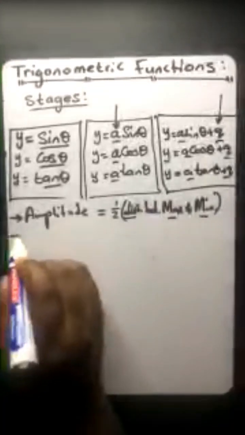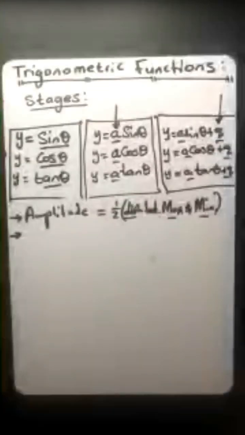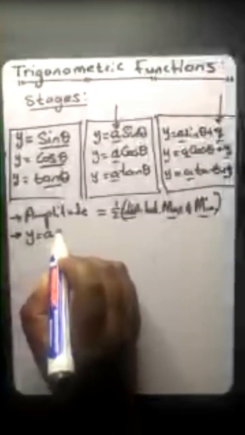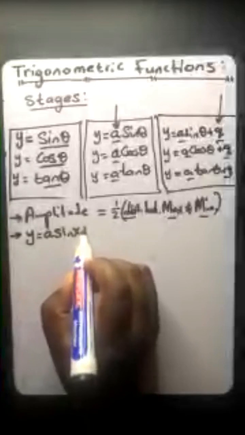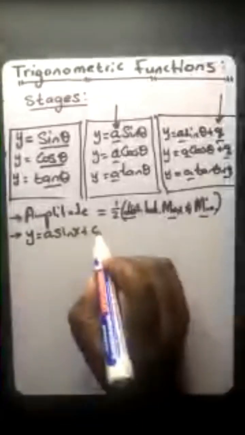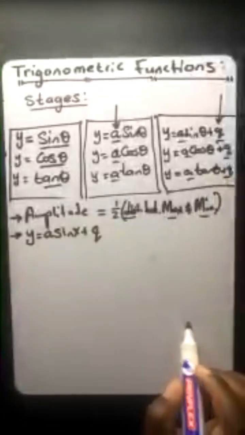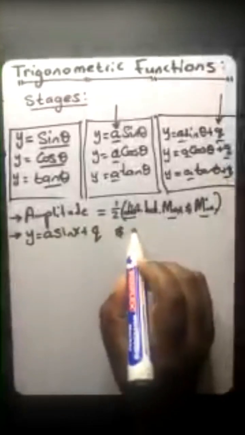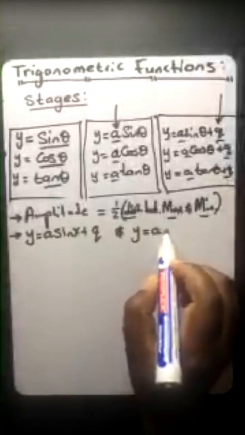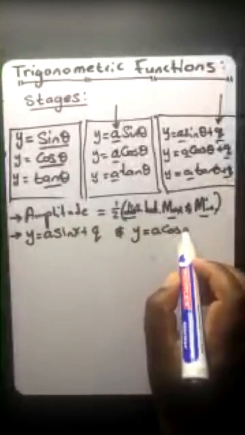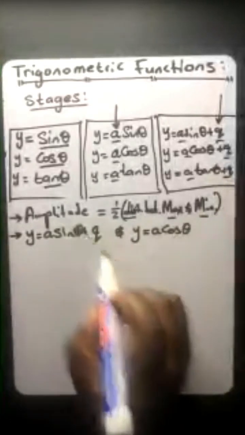Point number 2 that I want you to be aware of is that the graph of y equals a sine of an angle plus c, for example, or let me keep it simple and say plus q. And also the function of y equals a cos of an angle. The angle could be x, could be any letter.